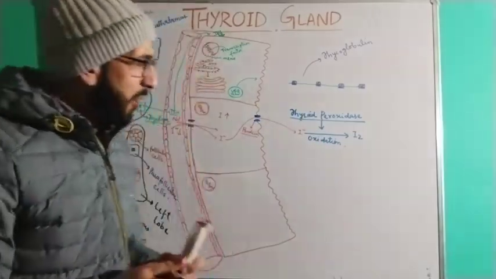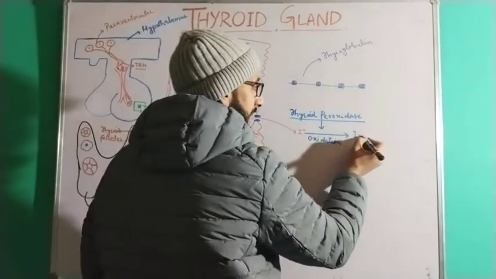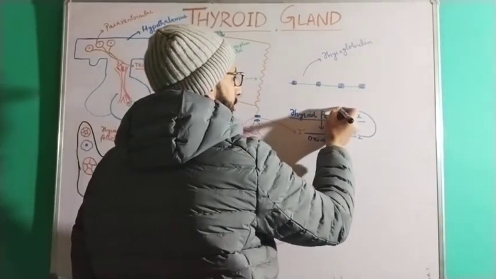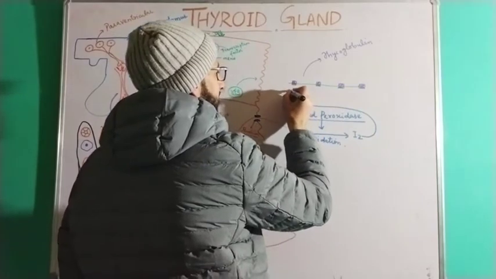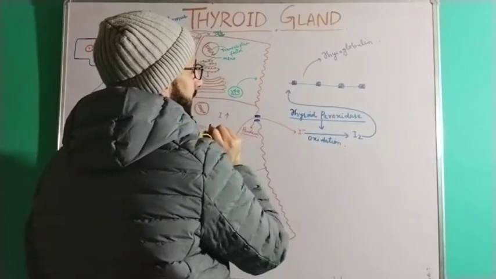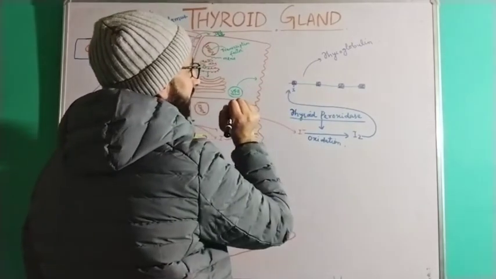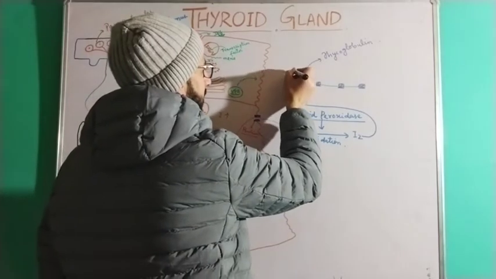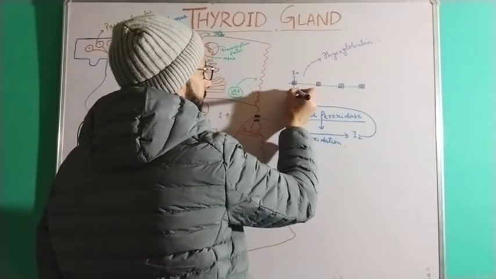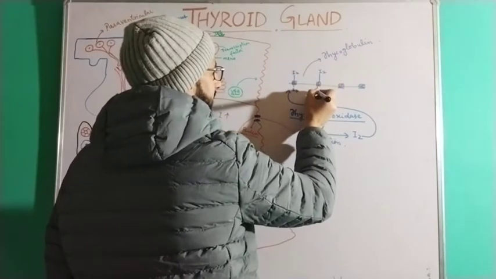Now this thyroid peroxidase takes this iodine, and then this iodine is bound to these tyrosine amino acids. Suppose we are binding one iodine here, one iodine here, one iodine here, and one iodine here.